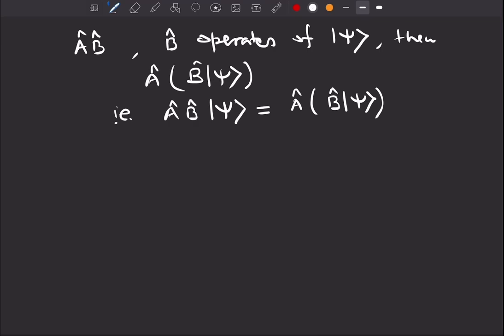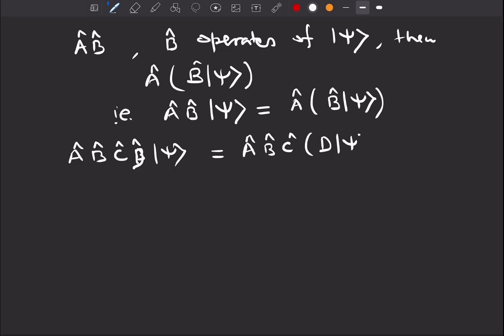Similarly, if more than two operators operate on a state psi, suppose there are four operators in the product A, B, C, D and they operate on ket psi, then the operator D operates first on ket psi, and then operator C operates on the ket D psi, and so on.